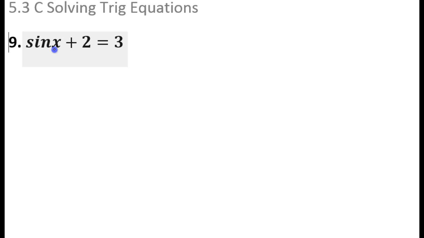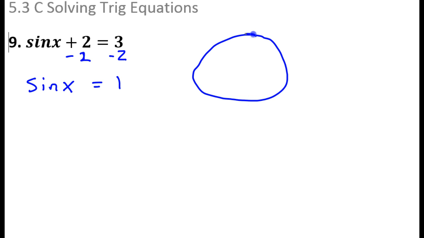Well, I just have the one function, so let's just go ahead and subtract 2 from both sides. So that's going to give me sine x is equal to 1. Wow, I guess I really am not going to need much space on this. Where is the sine function equal to 1?